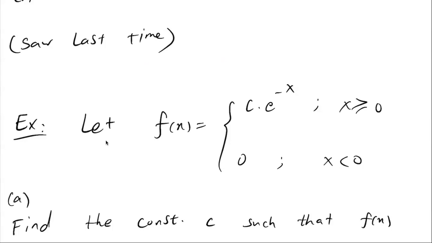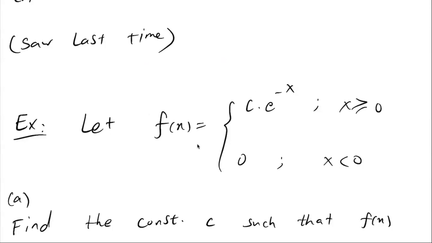And we want to find the probability that X is between 1 to 4, one time using PDF, one time using CDF. Please remember, we already found the value of C in this example. It turned out that C has to be 1.